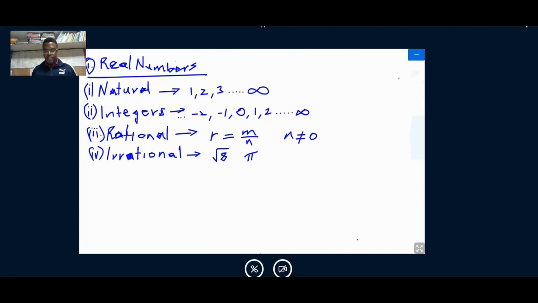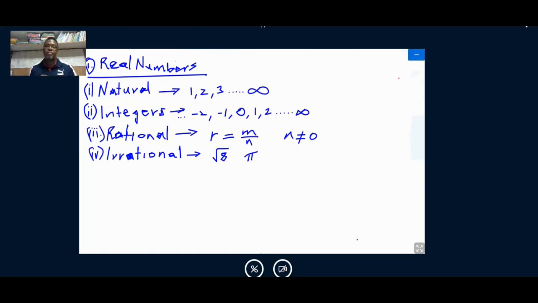The last one, an irrational number. We said there are two things, just two. The first one, an irrational number can never be expressed as a ratio of two numbers. Never.